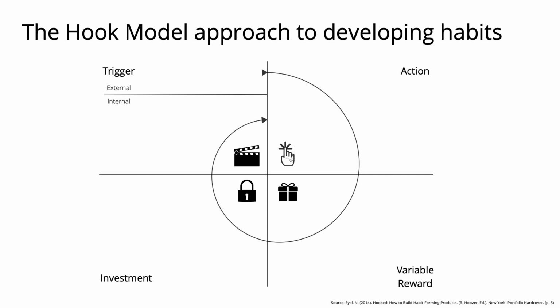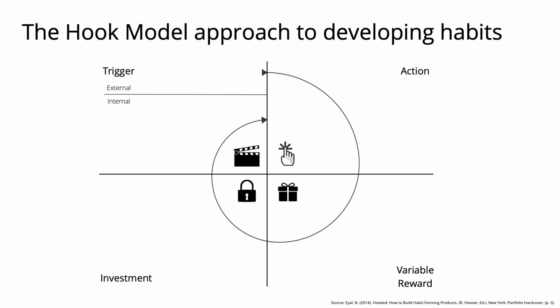Triggers can be external, for example, perhaps a push notification on your mobile phone, or an email, or a reply. And they can also be internal, where instead of the trigger coming from outside, it's a trigger that you yourself create. You go maybe to a website to find something out, so the trigger is that you want to achieve something, and you do it from within yourself rather than have some sort of push notification to do it.